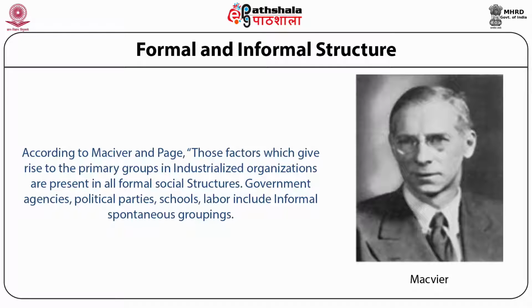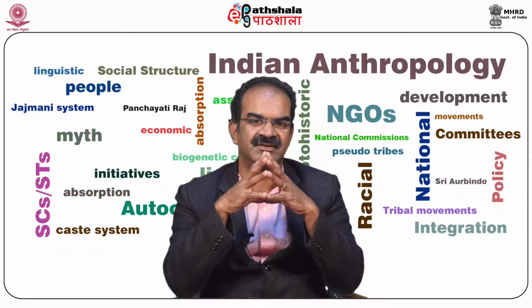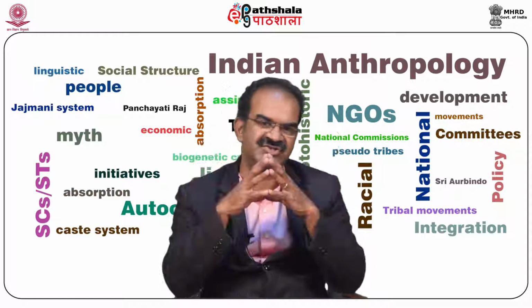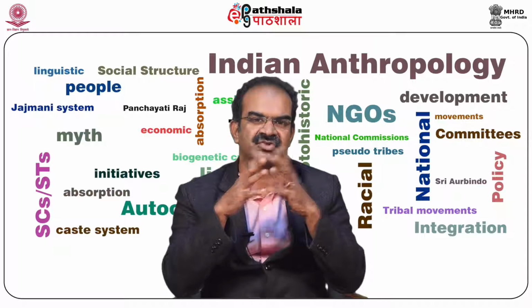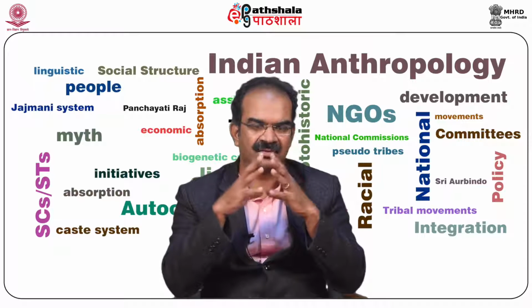The primary groups, family, and other socializing agents make the individual get into this social structure. Then come the secondary agencies, which are expanded in many institutions, which also reinforce social structure formally.